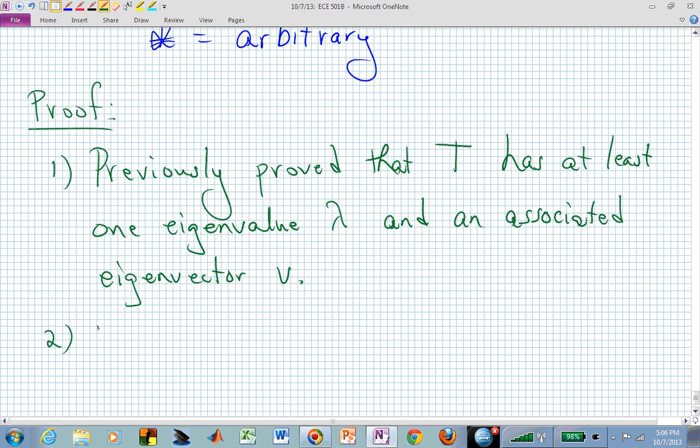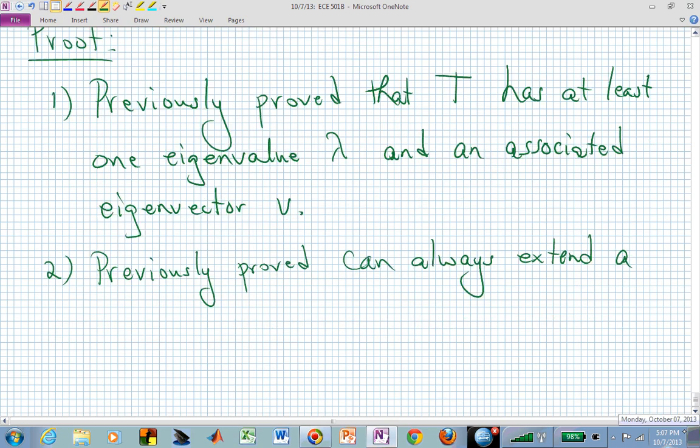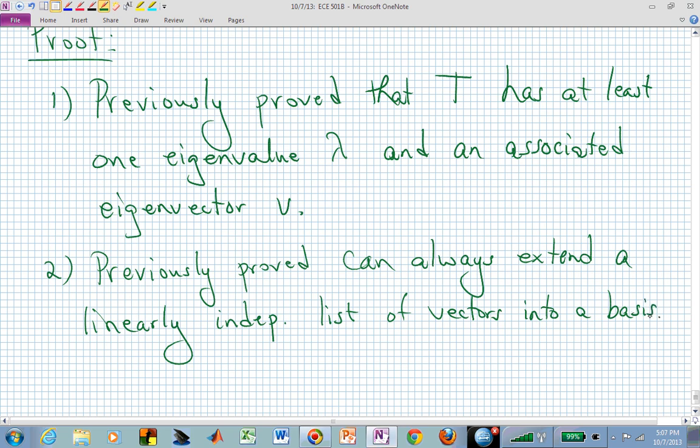So number 2 says that we've also previously proved that we can always extend a linearly independent list of vectors into a basis.